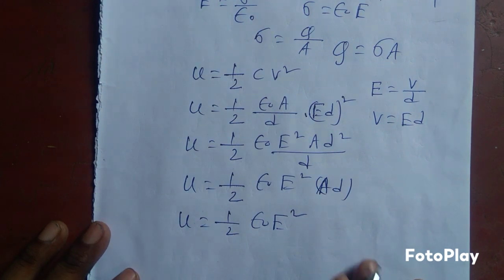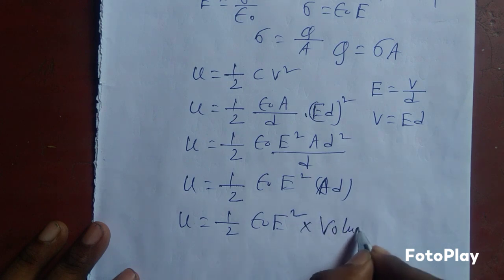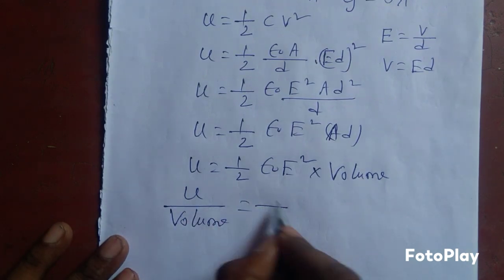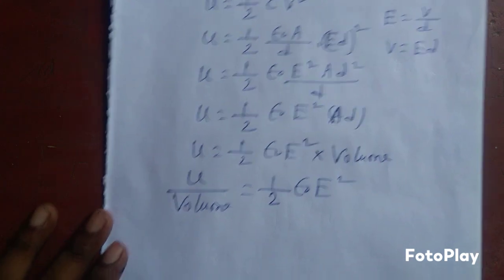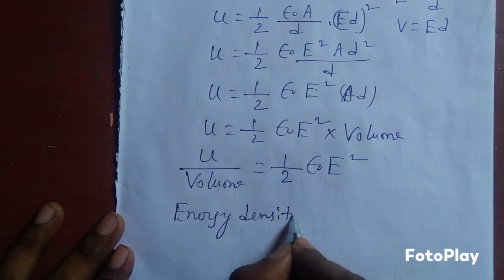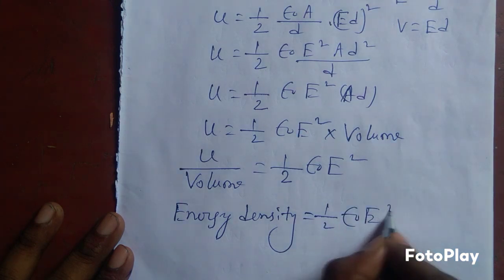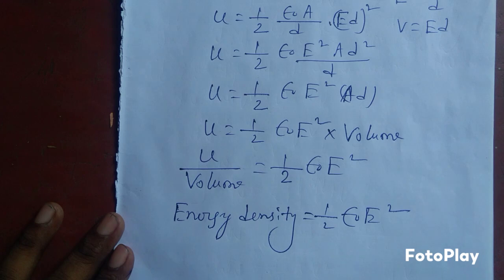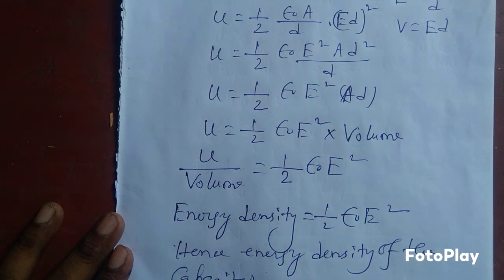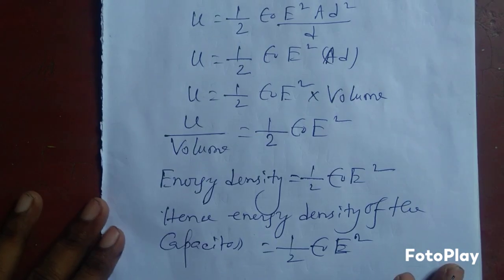So the energy density of the capacitor is half epsilon 0 E square. This is the equation of energy density.